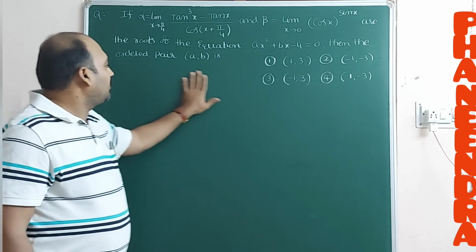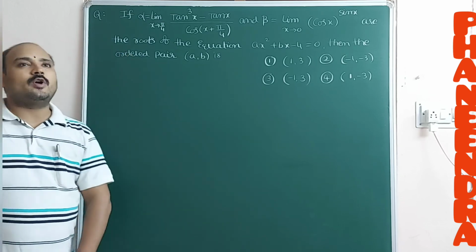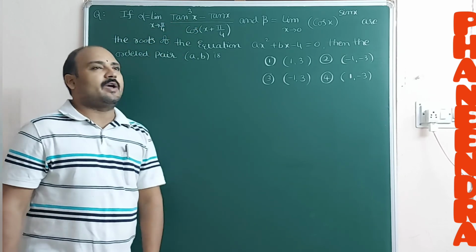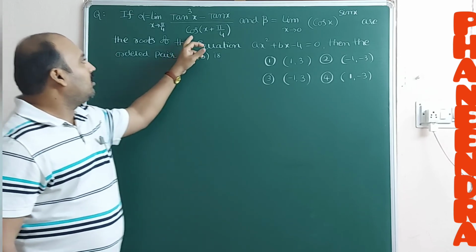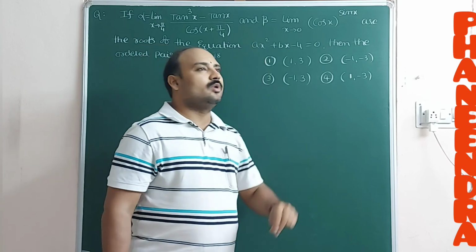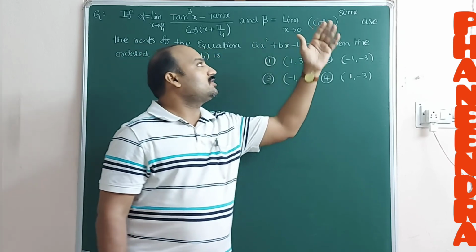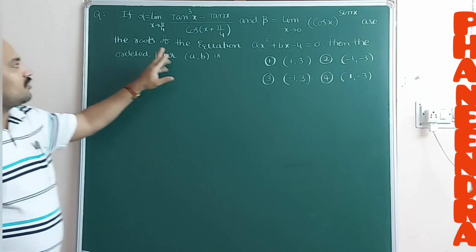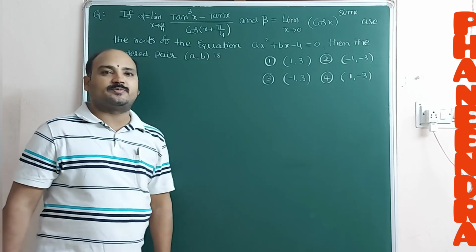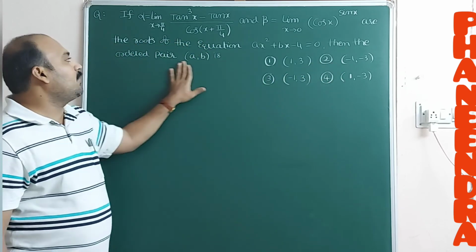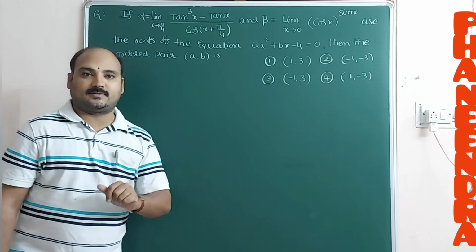The first question here: if alpha equals limit x tends to pi by 4 of tan cube x minus tan x by cos of x plus pi by 4, and beta equals limit x tends to 0 of cos x whole power sin x, are the roots of the equation ax square plus bx minus 4, then the ordered pair a comma b is.